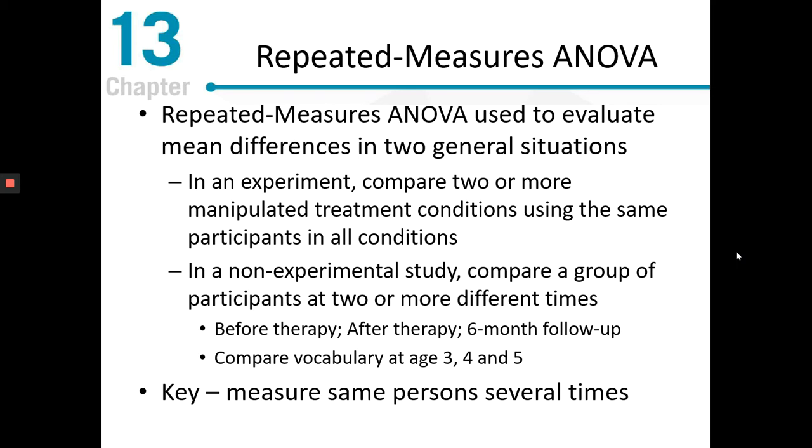The other condition is a non-experimental study. The big way that we would do this is comparing people over time. So I think the best example here is therapy. Let's say that we're curious if our therapy will help people be less depressed.